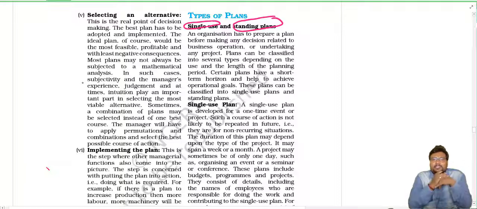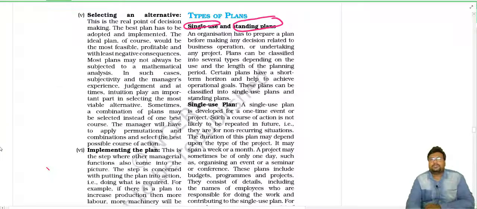We make a single use plan for any specific target, any one-time event, any particular work or project. Whatever plan we make for that is considered a single use plan.